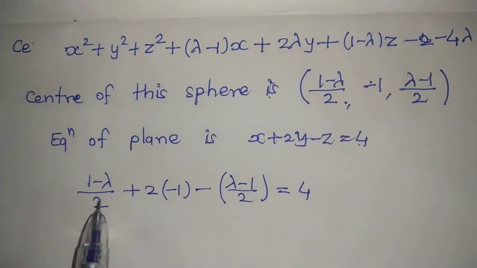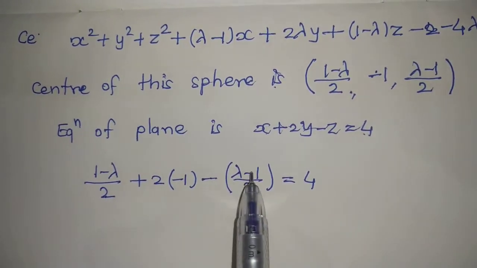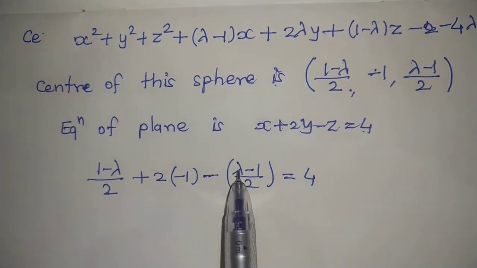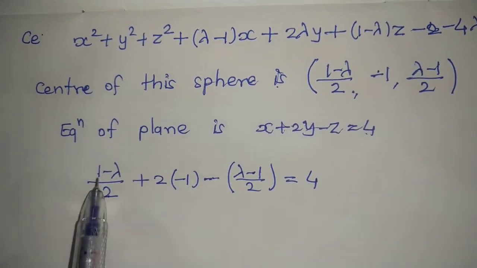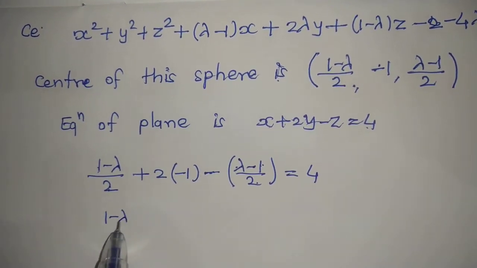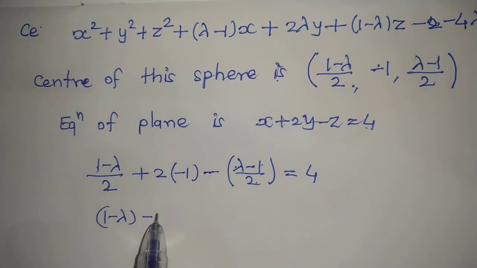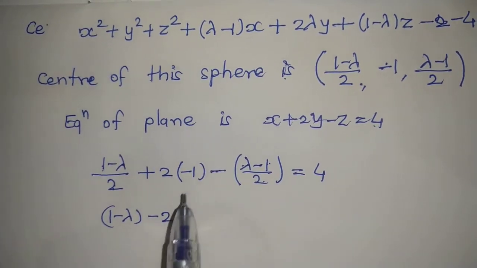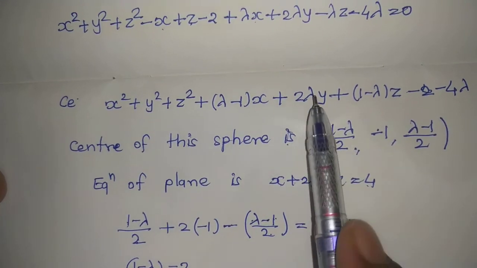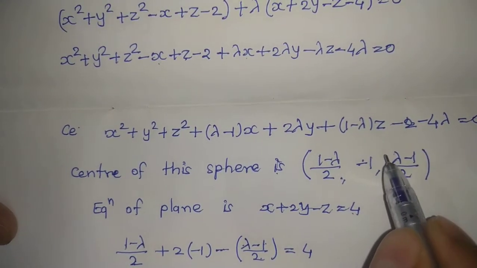Now 1 minus lambda by 2. Now minus, so it is also multiplied by the minus sign. So you will get 1 minus lambda by 2, so 1 minus lambda minus 2. You make this correction here, so minus lambda.